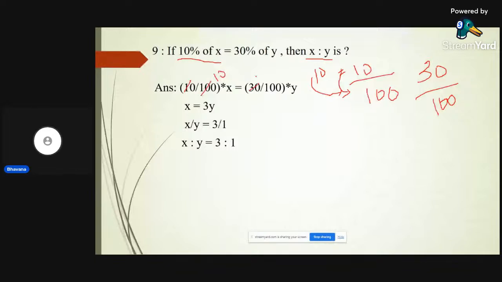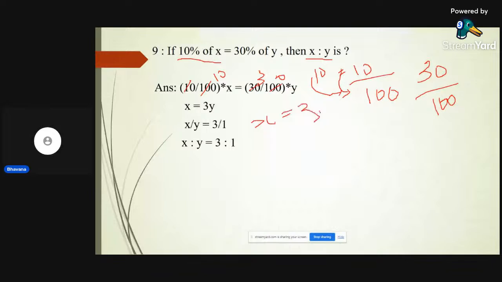So here we get x equals 3y. Cancel the zeros, and we get x equals 3y.